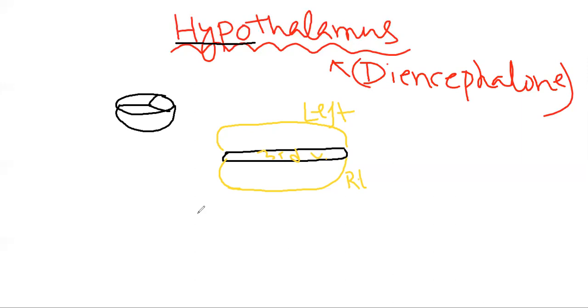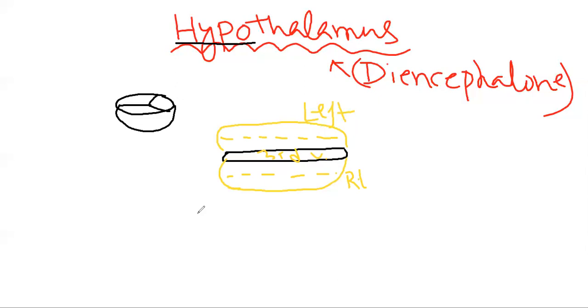One is the left-sided part and one is the right-sided part, and each of these can again be divided into two zones: the lateral part and the medial part of the left hypothalamus, and the lateral part and the medial part of the right hypothalamus.